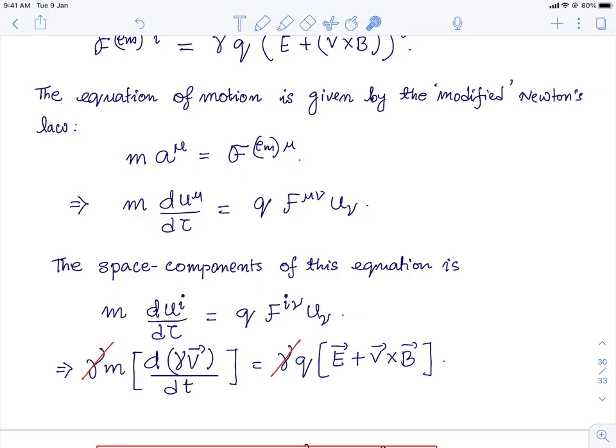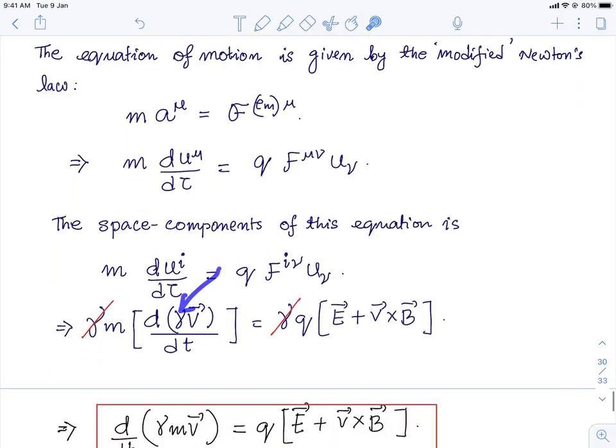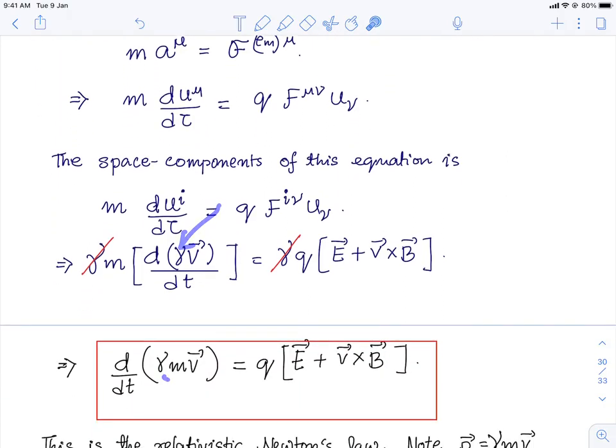So these two factors cancel out, and then d/dt of this object is equal to this. So there's only one modification, which is this gamma factor inside. The rest of the thing is just the usual expression for the Lorentz force.